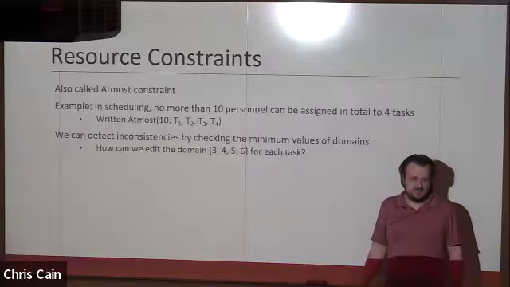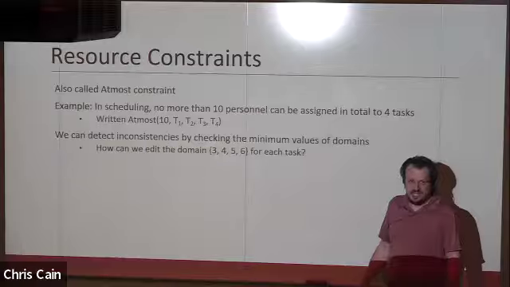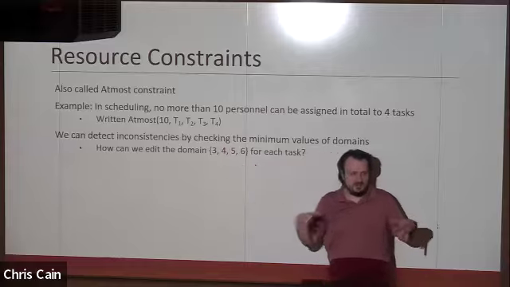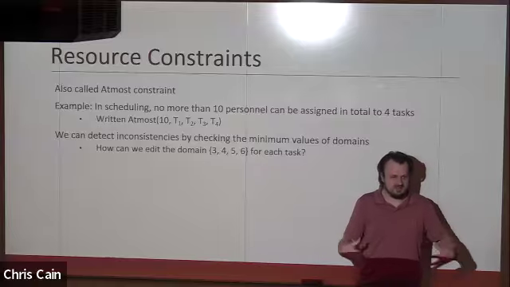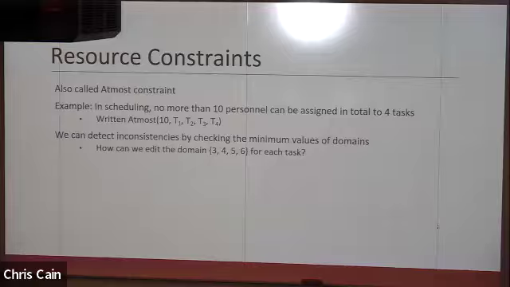But if we needed at least 1 person assigned to each, we can start to think about if we assign different values to different tasks, what does that create in terms of the associated reduction of domain? It's looking at those as the domain of what can we say about if T1 is 3, then something else.